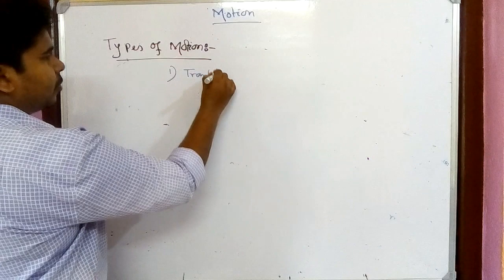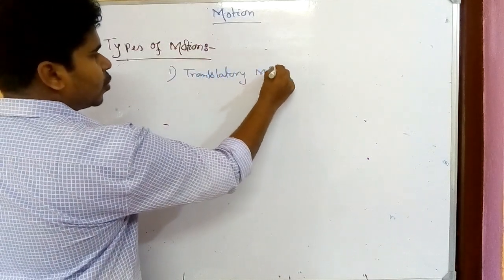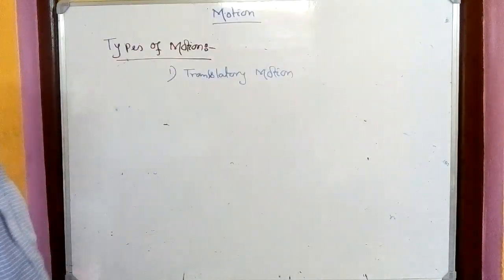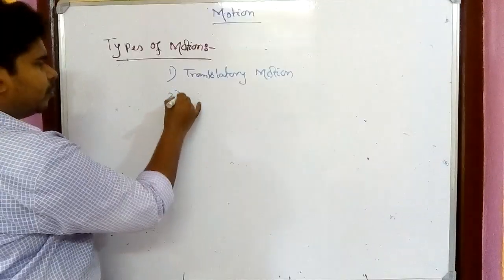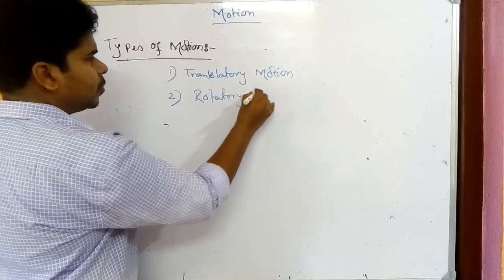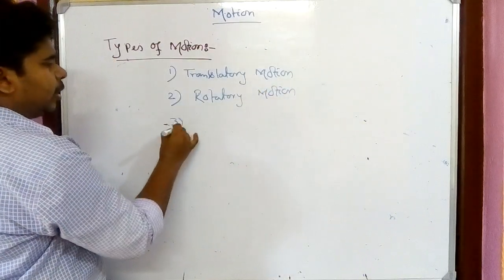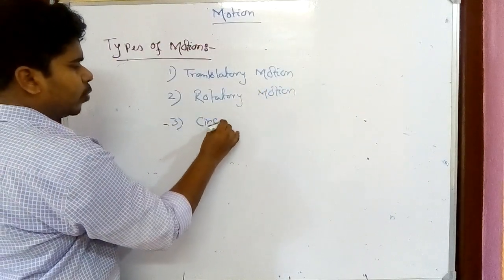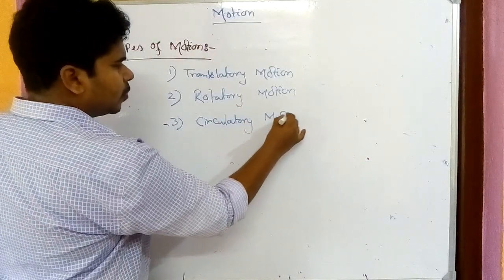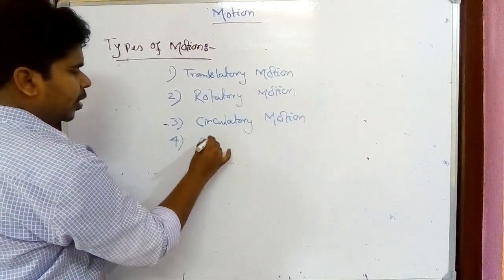Number 1, translatory motion. Now I am just writing the names, then I will explain one by one. Number 2, rotatory motion. You have to write it down in your copy. Number 3, circulatory motion. Number 4, oscillatory motion.